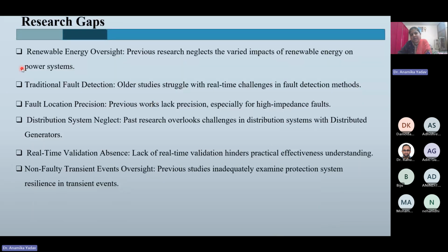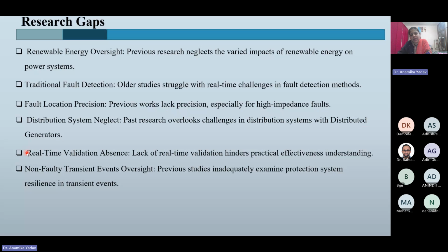So the research gaps herein we considered are the renewable energy oversight, wherein previous research neglects the impacts of renewable energy on the power system, and traditional fault detection schemes, wherein the real-time challenge in fault detection is there, and location schemes wherein high impedance faults are not able to be detected and located correctly. Earlier distribution systems also did not take into account the DGs as a part of their network.